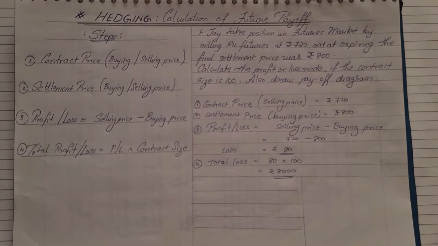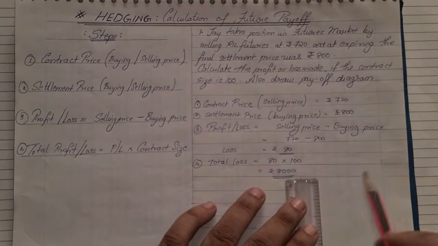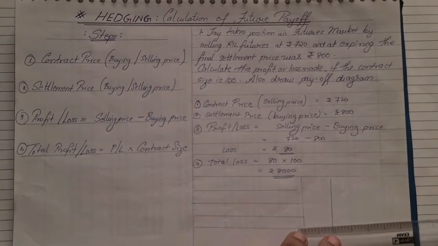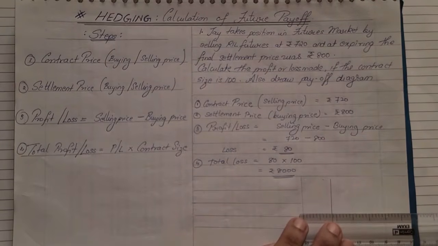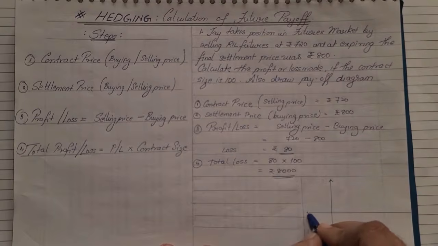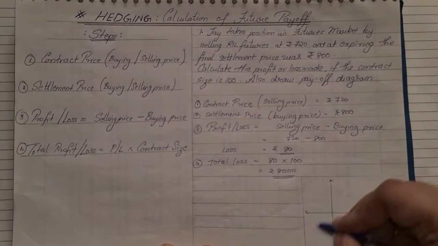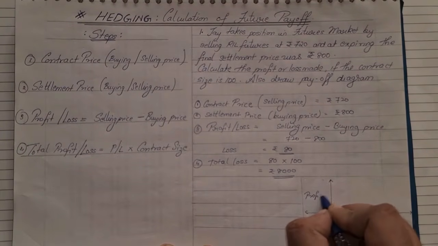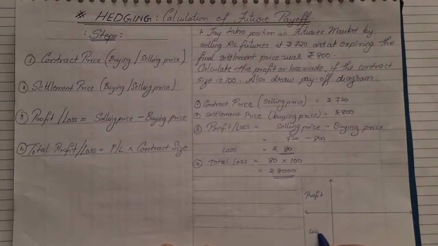Now the same thing we need to draw out by making a payoff diagram. Very simple. We'll first note down the y-axis and x-axis. Remember, on your y-axis the above part will consist of profit, and the bottom is made up of loss.